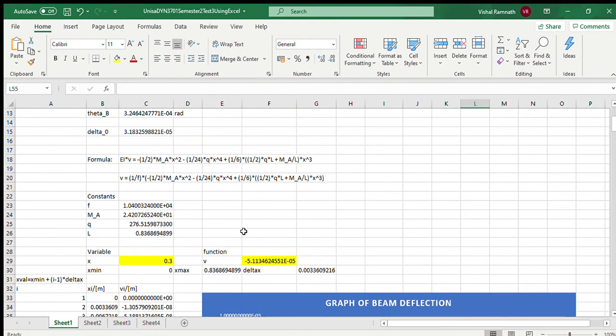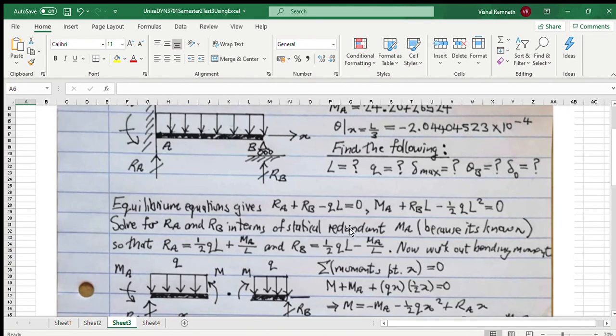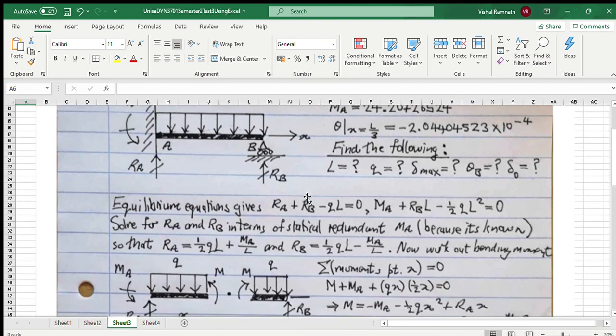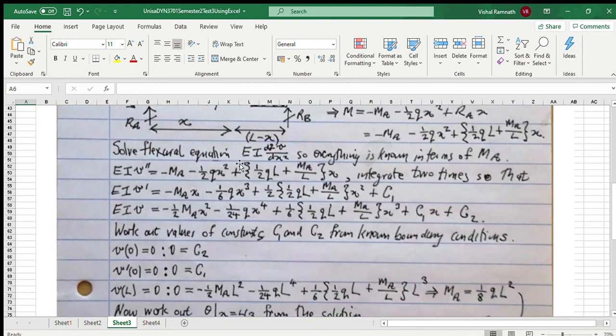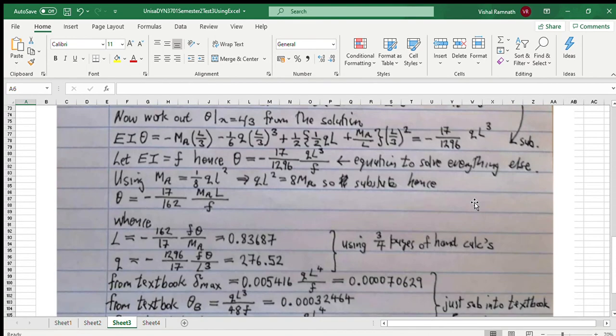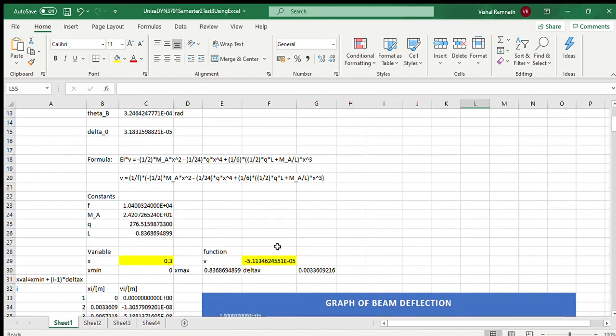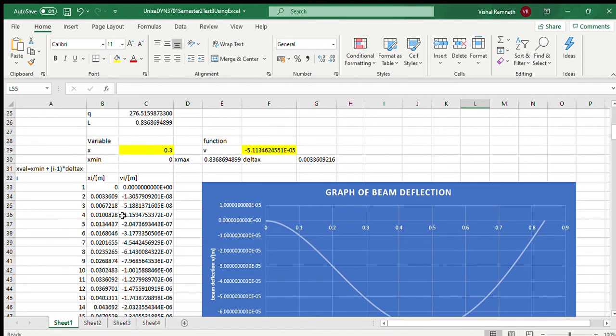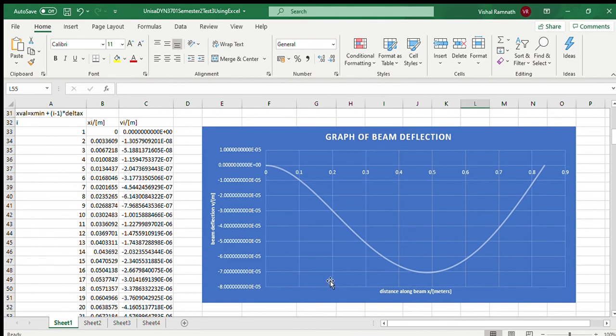Typically, in most cases, you do all of the hand calculations. You work out the values and derivatives and substitute into the formulas with a pocket calculator. But in practical terms, you would actually use an Excel spreadsheet to work out everything and then plot the graphs and curves and things like that.